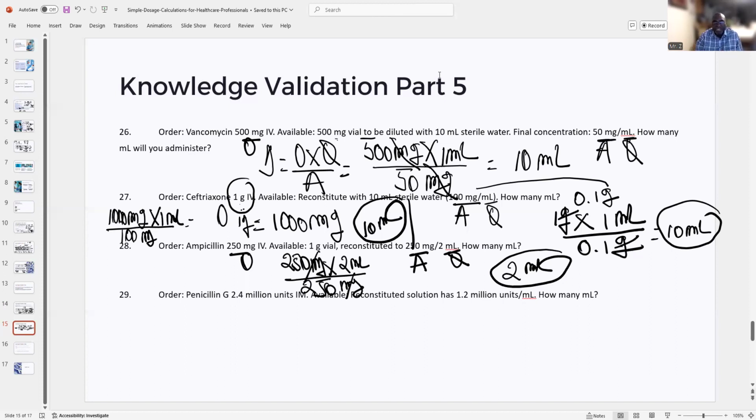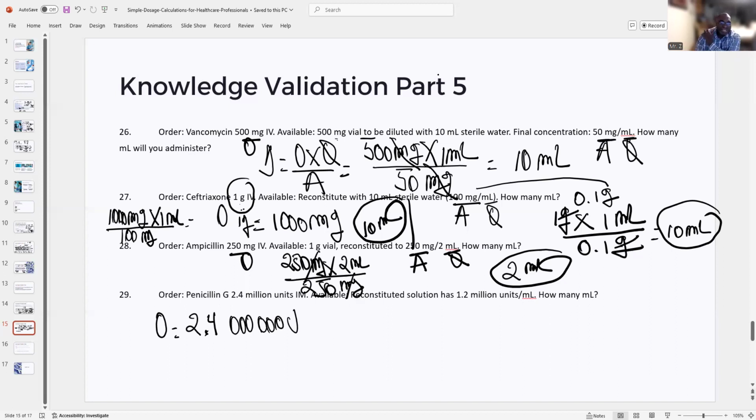Medication can be expressed in milligrams, micrograms, grams, units. Some medications are expressed in units. So here, your order, you got 2.4 million units, 2.4 million. It means 6 zeros. That's units. That's your order.